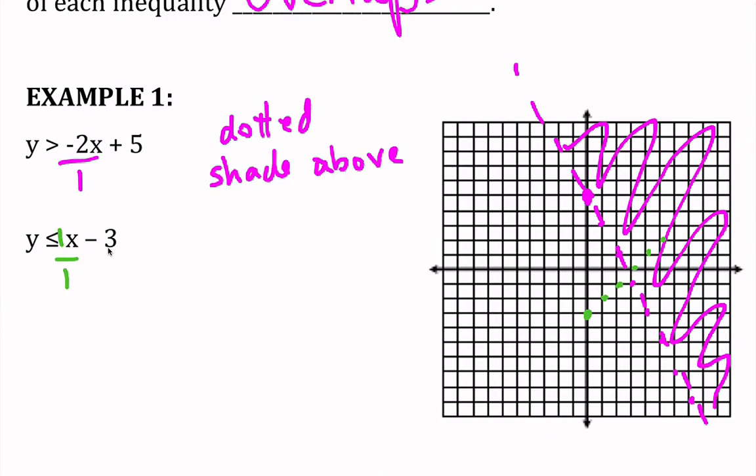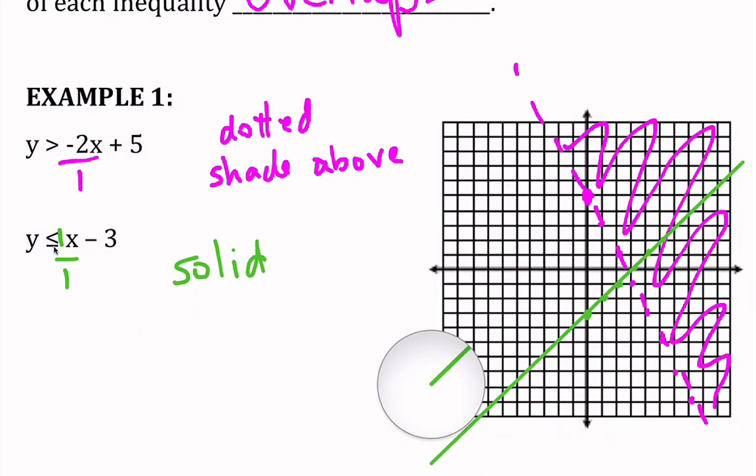Once we have our points, we have to decide whether we use a dotted line or a solid line. If I look at my symbol, I see the solid line underneath, so I need to make sure I draw a solid line that goes through those points. All right, next we have to talk about shading.